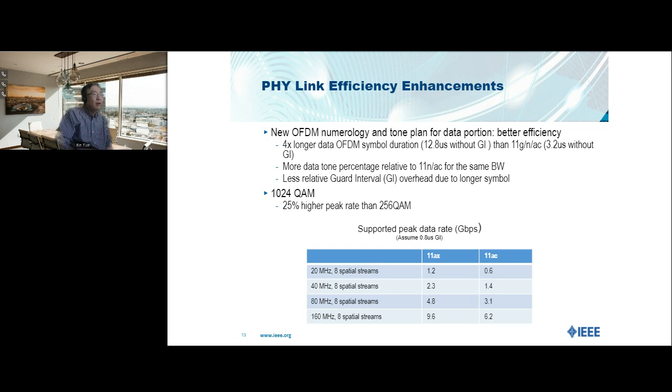For 11ax, because we have a 4x symbol duration, we have 256 FFT size and 234 data tones within one symbol. So the percentage of data tones is much higher than 11ac for the same bandwidth.